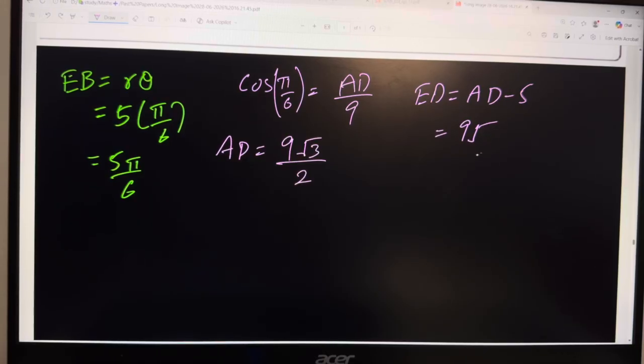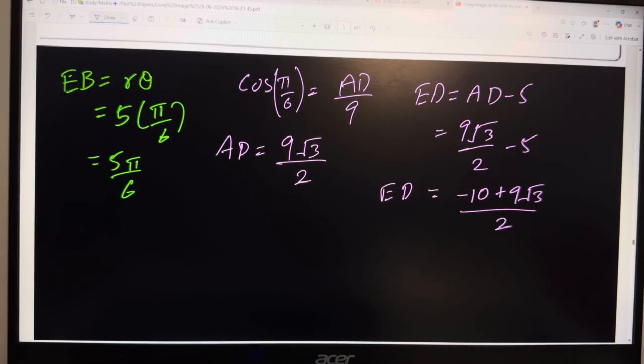minus 5. ED is equal to, I have to keep it in exact form, so we can take LCM. So this becomes minus 10 plus 9 under root 3 upon 2, I believe.